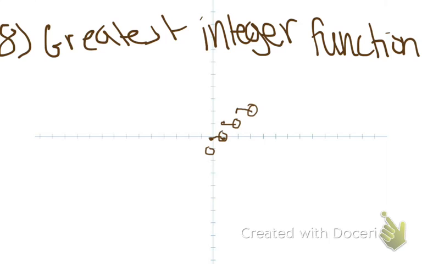Open dot here to here, and so on. It's just basically closed dot, open dot, closed dot, open dot. So that's basically it. Not too bad.